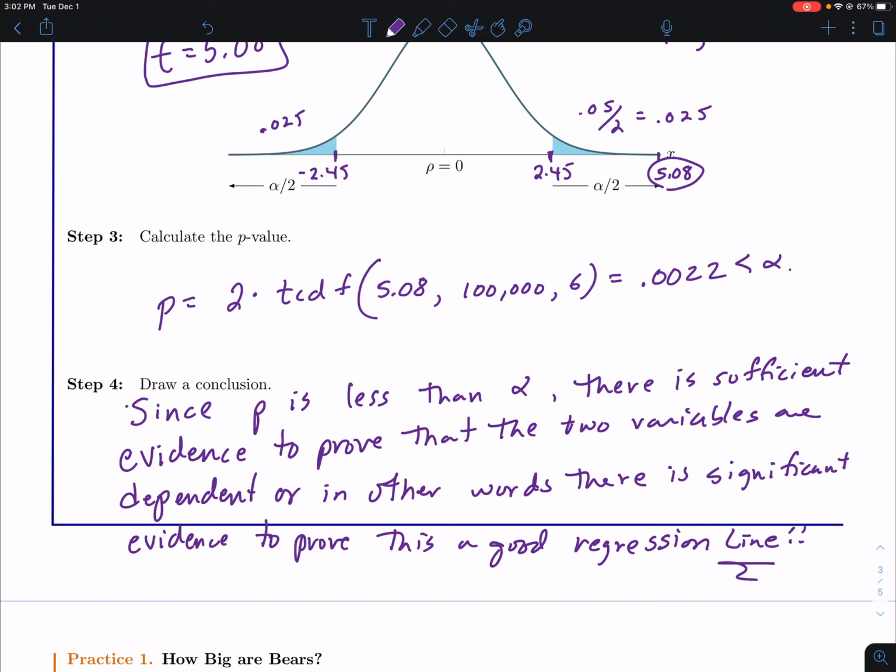All right, so again, not too much different than any of the other hypothesis tests we've been doing.